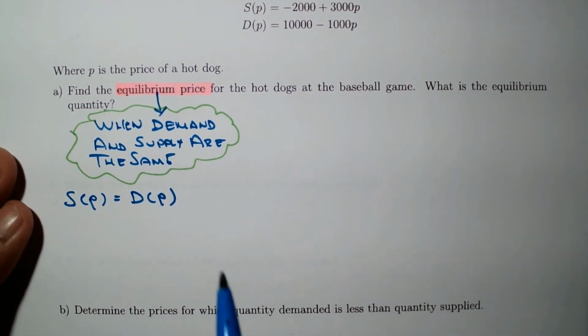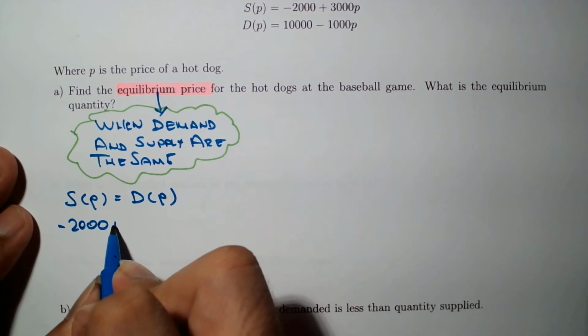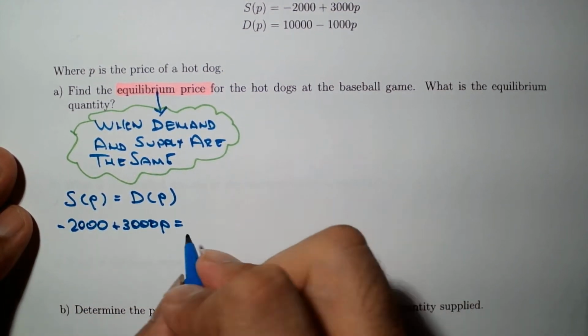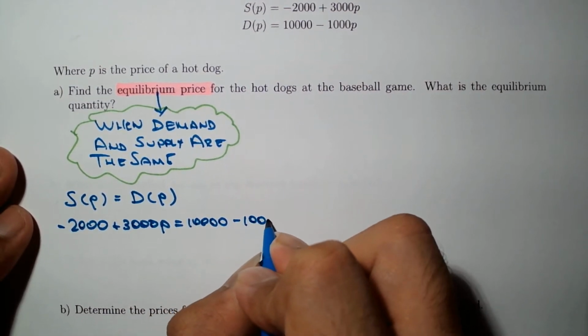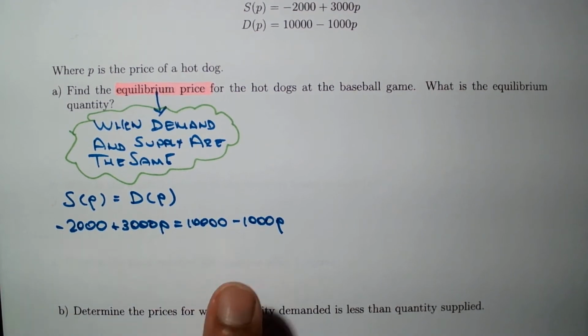So on the left hand side, we're going to write negative 2,000 plus 3,000 P equals 10,000 minus 1,000 P. And we're going to solve this equation for P. So what I'm going to do first, I'm going to have all the P's on the left hand side.